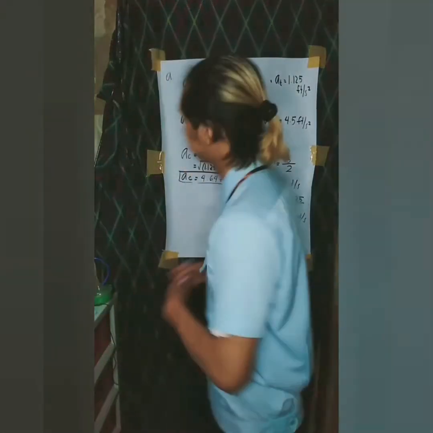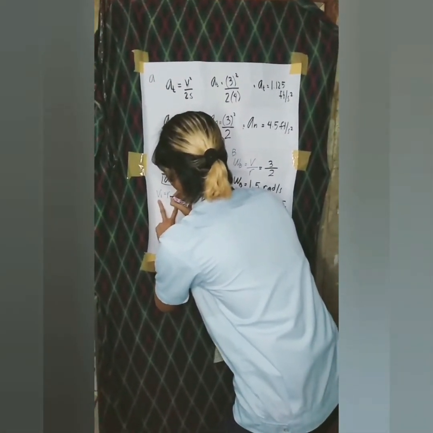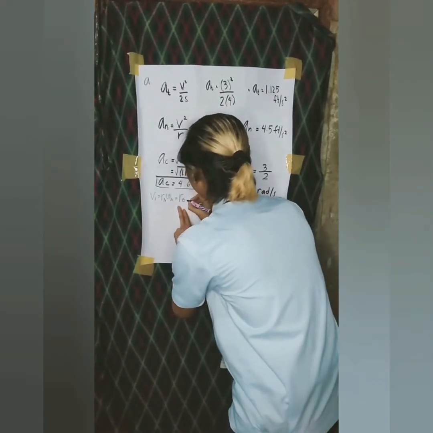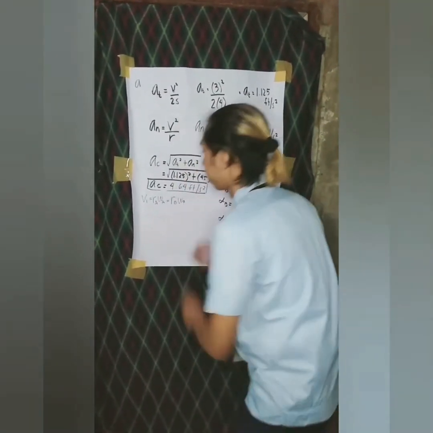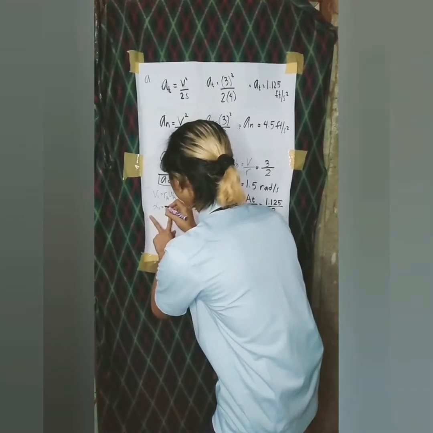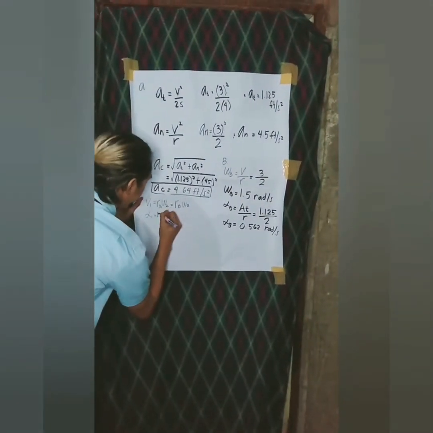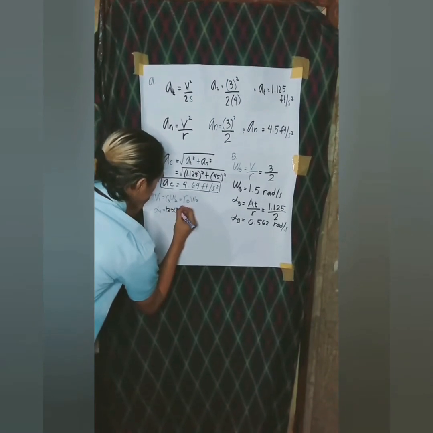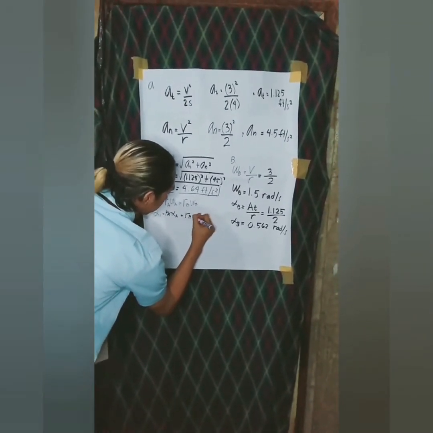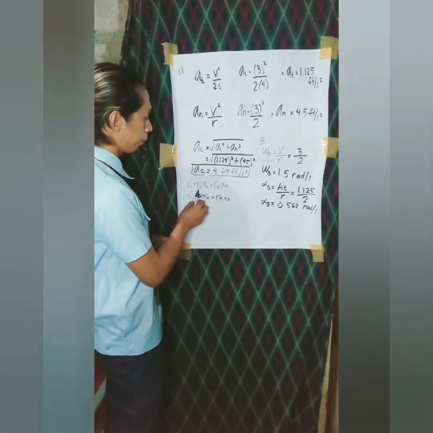So we have velocity is equal to RA times angular velocity of A is equal to RB times angular velocity of B. Then tangential acceleration is equal to RA times angular acceleration of A is equal to RB times angular acceleration of B.